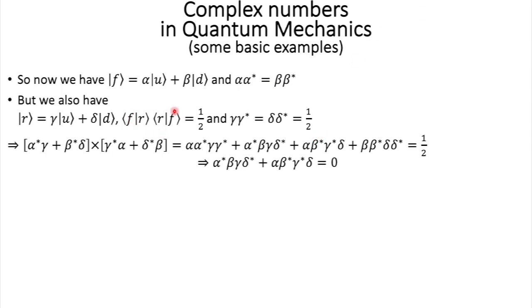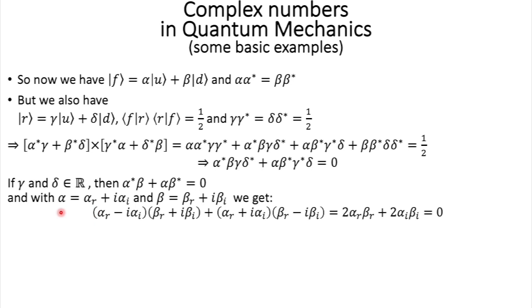And if we develop this here, by definition of the inner product, we get alpha star gamma star is equal to 1/4, or a quarter. Same thing here. And therefore, this part here is equal to 0. Now, let's suppose we're dealing with gamma and delta being real numbers, okay? Well, this implies that alpha star beta plus alpha beta star is equal to 0.